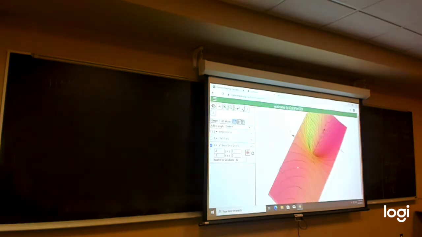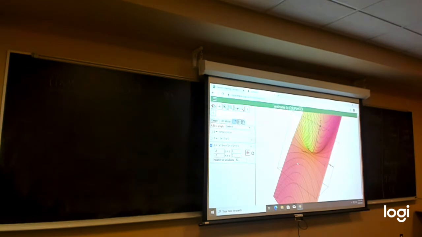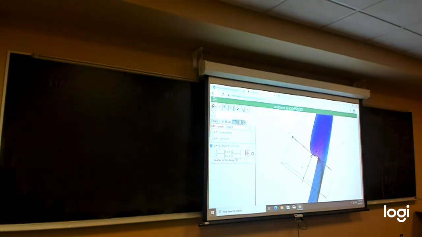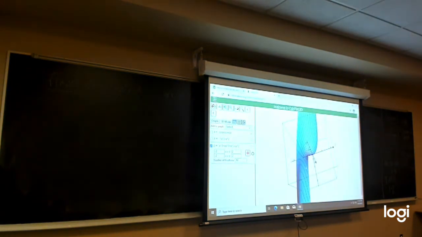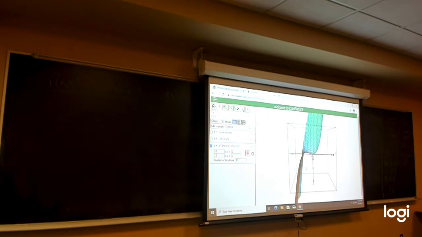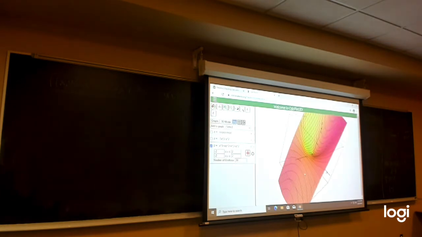My question is, does it look like this function has a local max or a local min at any point? Meaning, is there a point in the xy plane where it looks like the z value output is bigger or smaller than all of the other points that are close by to it?